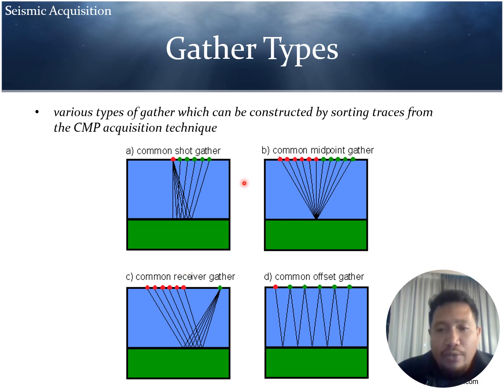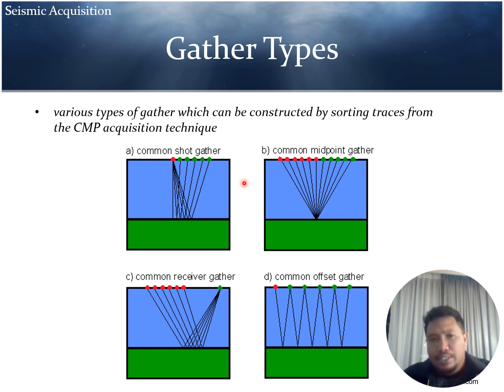And then we also have common midpoint gather. This one I don't need to explain, because we already discussed earlier how it looks. But basically, it's a common sortation process where most of the processing stages require a common midpoint gather, especially for enhancement of the signals.